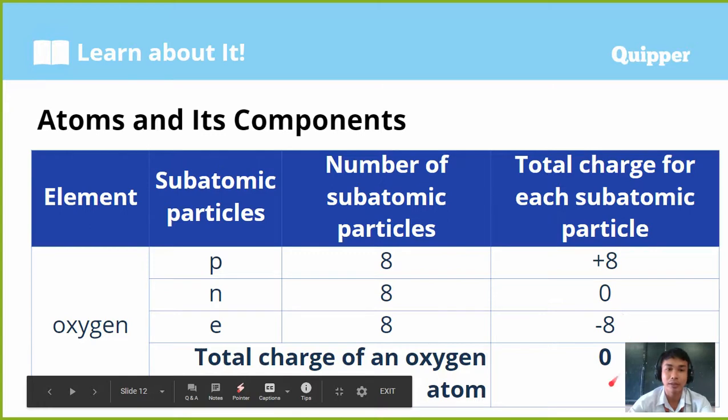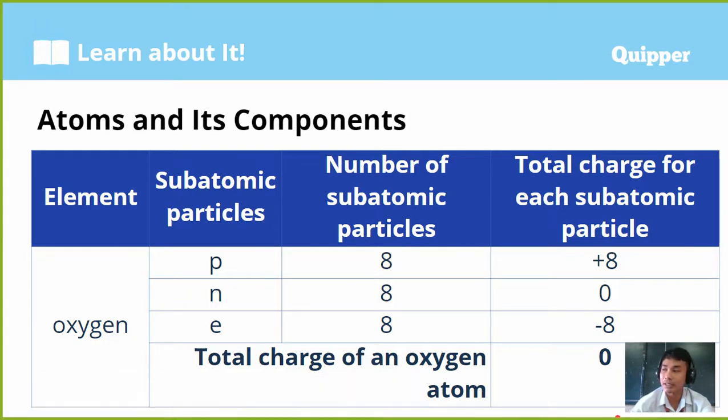It equates, so 0 charge in an oxygen atom. If you notice, the protons and electrons of all the elements I'm giving are the same. So if there are 8 protons, there are also 8 electrons.